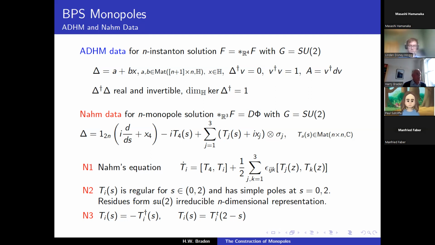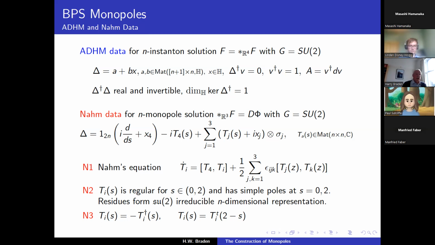For this to give an instanton, we require that delta dagger delta be real. That means that this commutes with the quaternions. It has to be invertible, and the dimension of the kernel of delta dagger has to be 1, the quaternionic dimension.